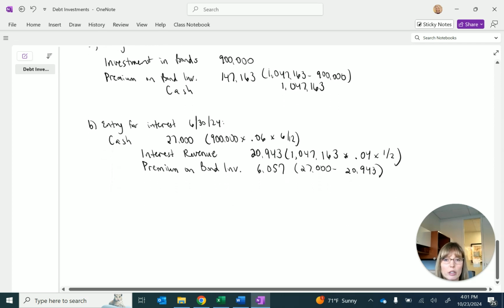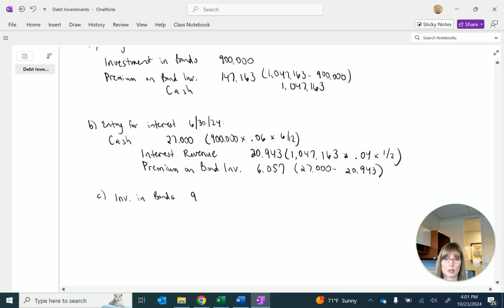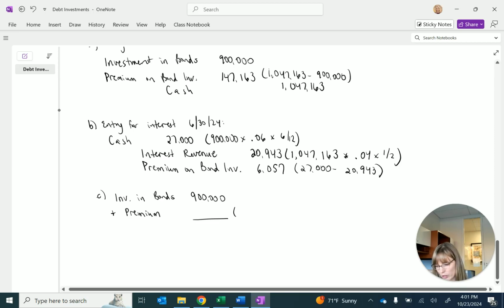So what is the amortized cost of the bonds on June 30th? We have the investment in bonds account, 900,000. We add the balance in the premium. Premium started off as 147,163.